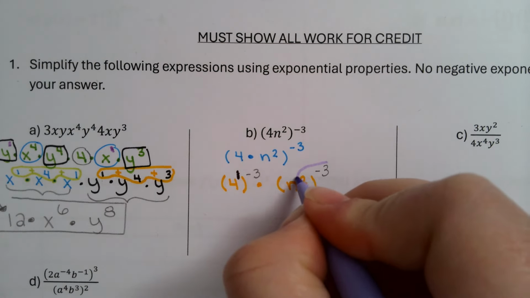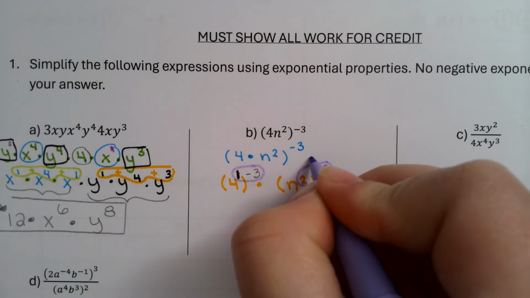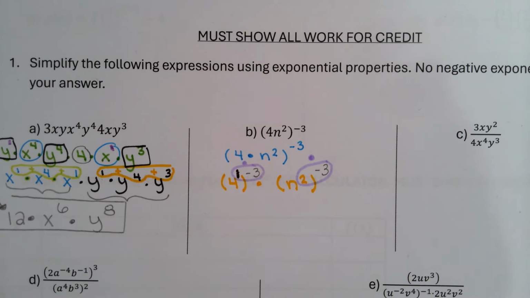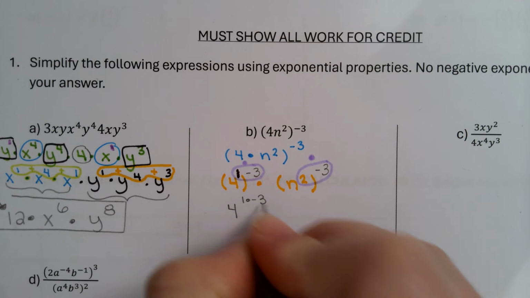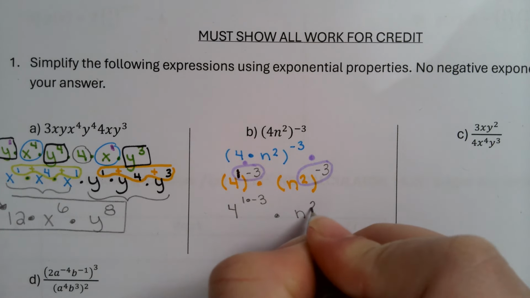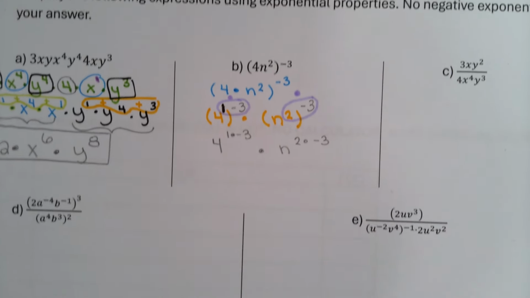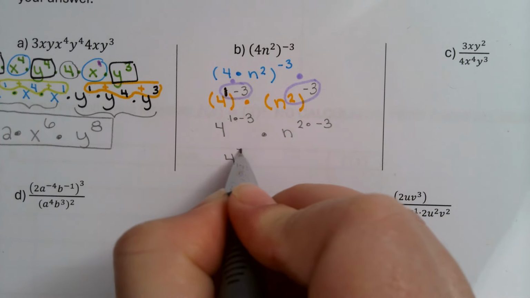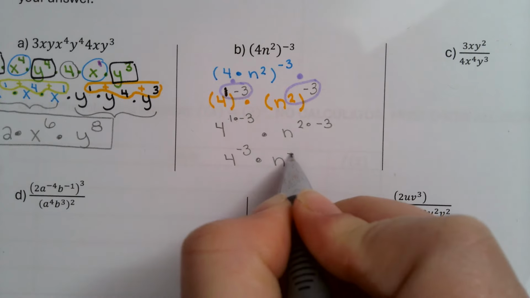Now, this property is a power to a power, an exponent with an exponent, and that means we're going to be multiplying these exponents together. So I'm going to write this out a little bit of a longer way. We're going to have 1 times -3, and we're going to have 2 times -3. So that means we get 4 to the 1 times -3 is -3, times n to the 2 times -3 is -6.